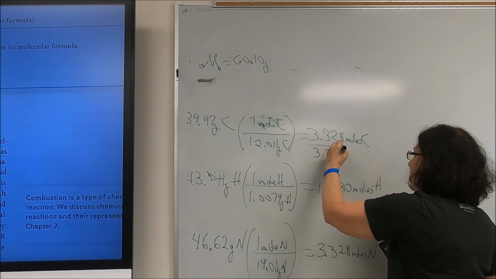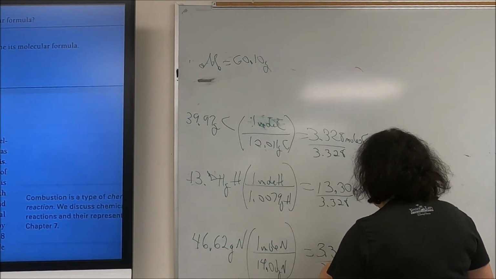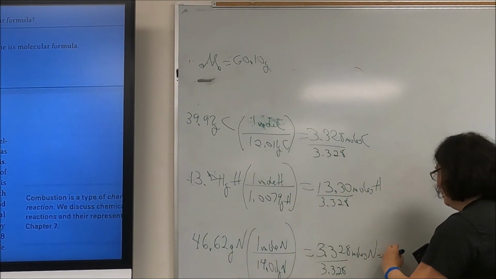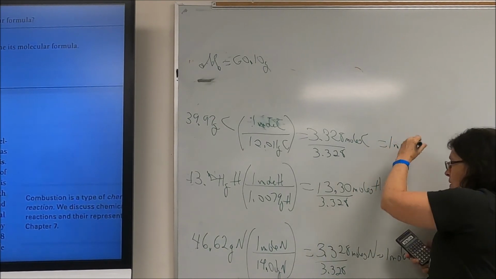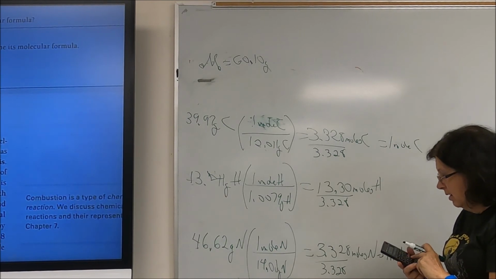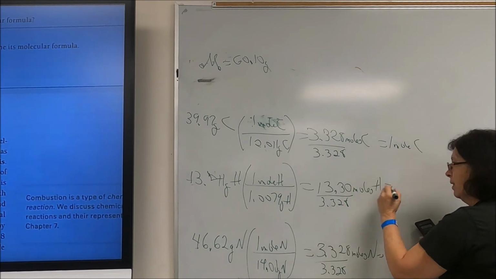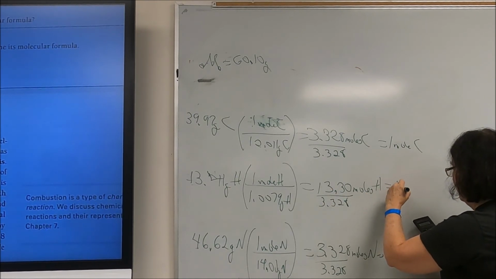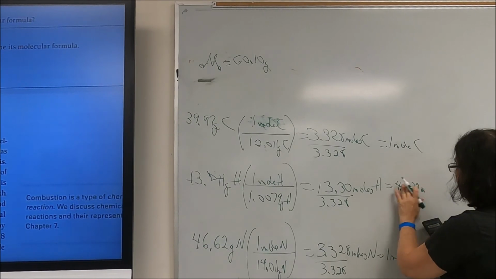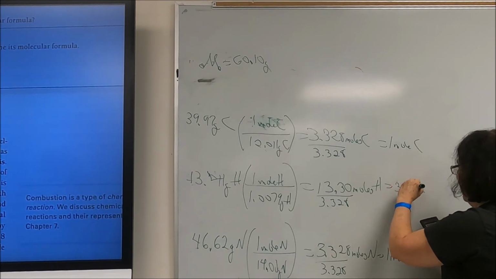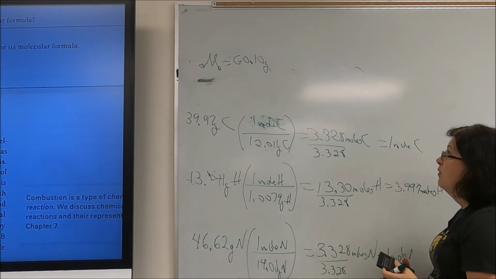So 3.328 divided by 3.328, divided by 3.328. So that gives me 1 mole of nitrogen and 1 mole of carbon, and to 4 significant figures, 4.000, well actually, I get 3.997 moles of hydrogen, but that's going to round to 4.